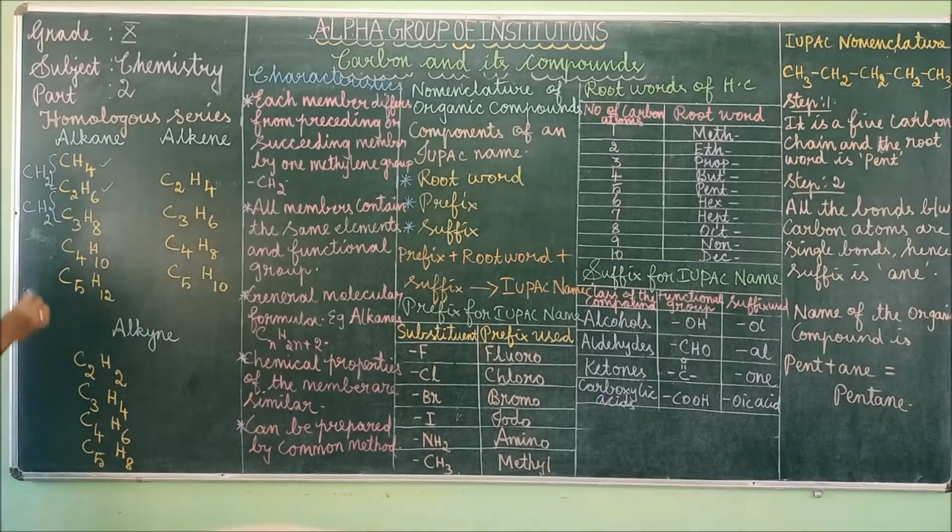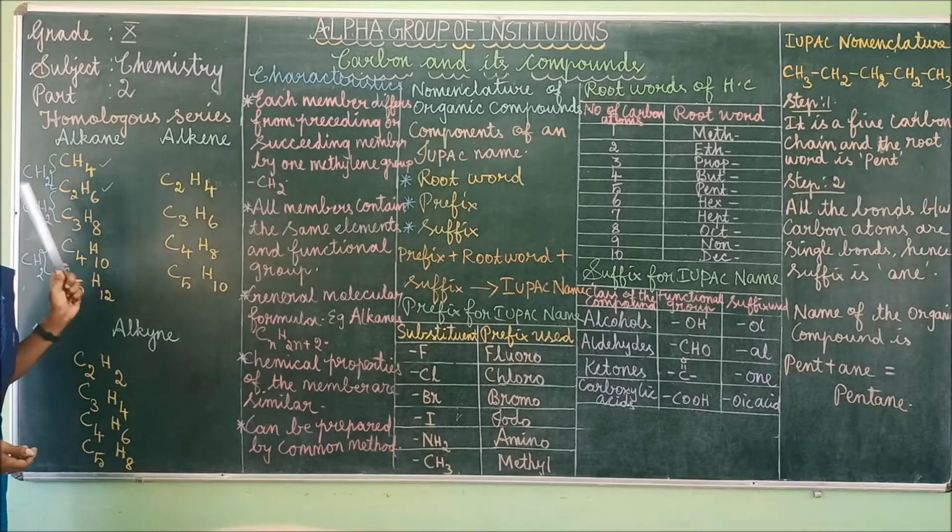You can take C4H10 and C5H12. There is a difference of 1 carbon atom and 2 hydrogen atoms, CH2. So the consecutive members, the successive members, differ by this CH2 group. These are the homologous series. CH2 means methylene group.